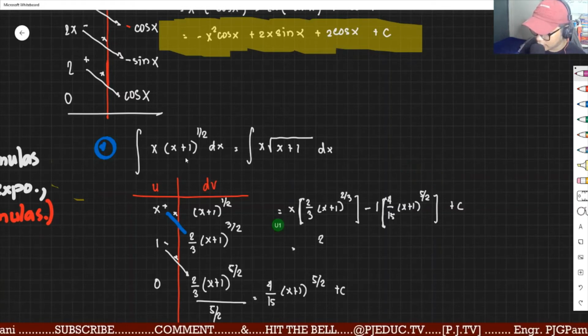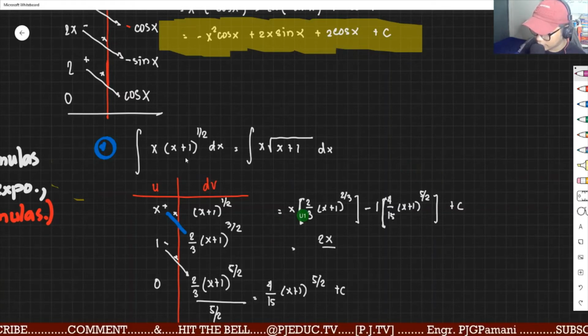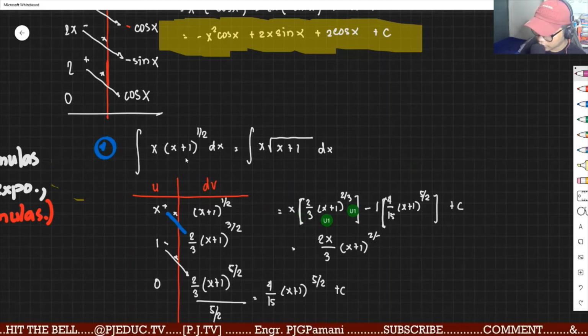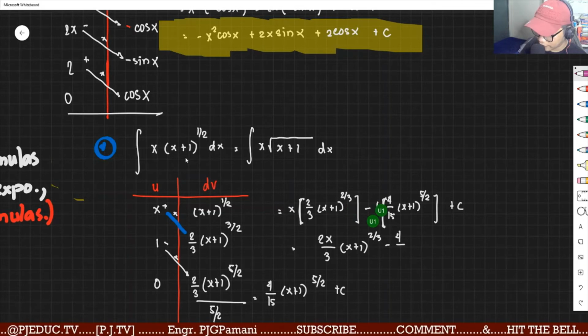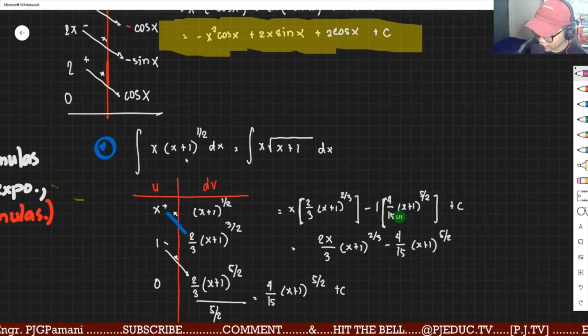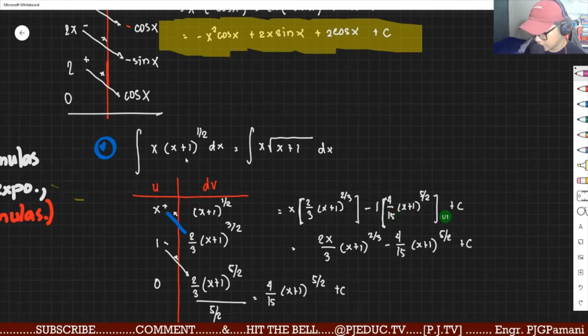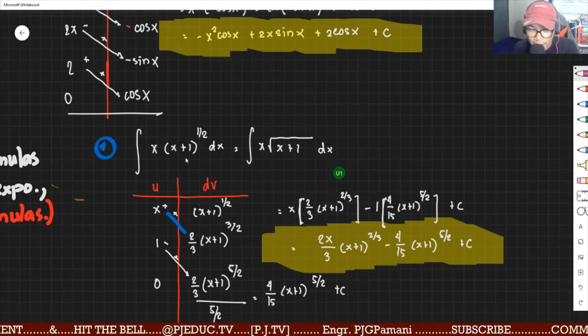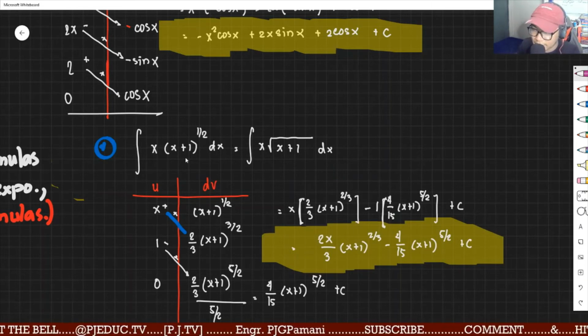Simplify. That is now 2x over 3 times x plus 1 raised to 3 halves minus 4 over 15 times x plus 1 raised to 5 halves plus c. So, eto na ngayon yung ating final answer for this problem.